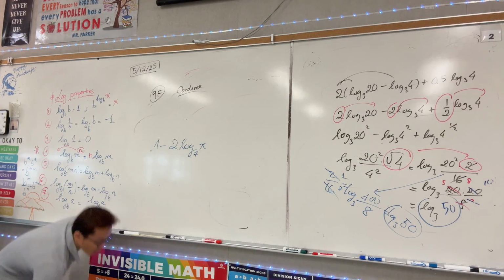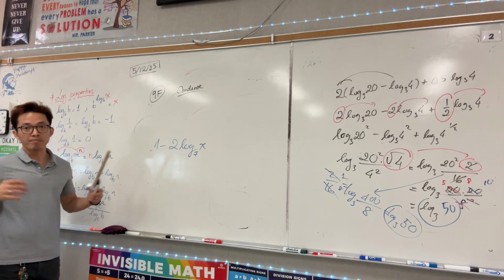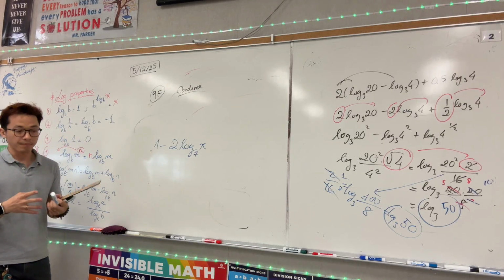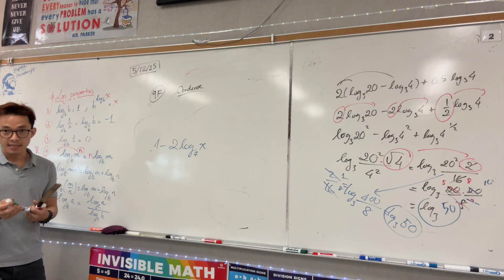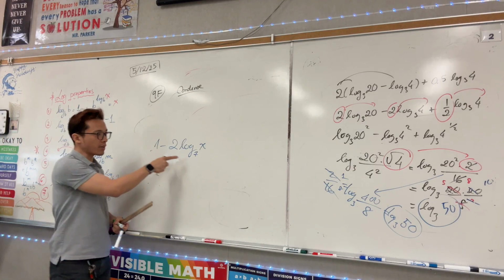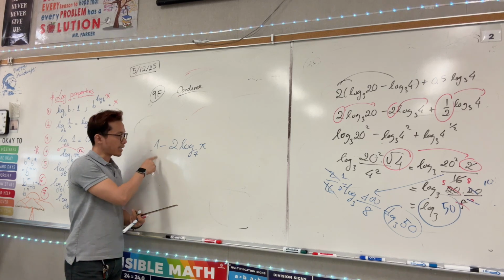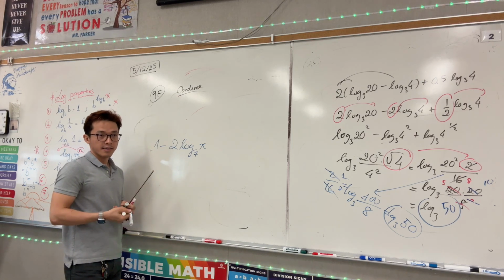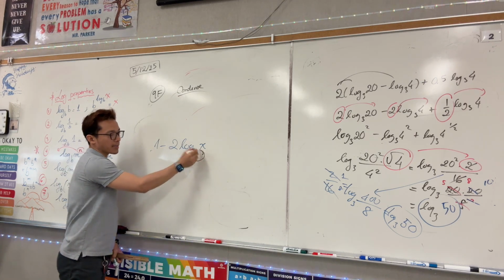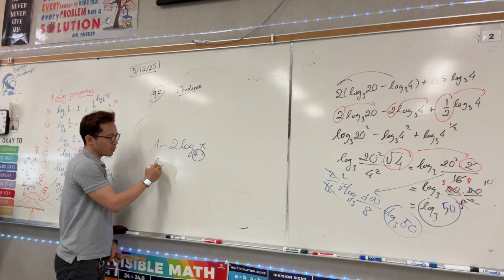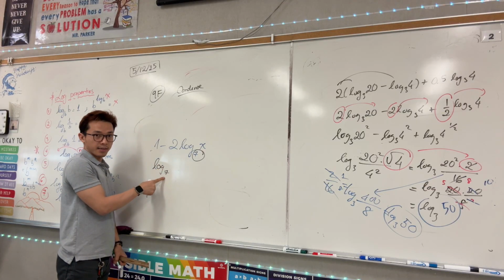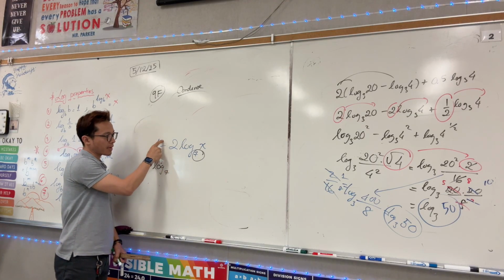In order to condense them, combine them, you need to have the same base, same log, right? This one they don't have the log yet. But can you make the log happen? Yes. What is the base? 7. So you need this one to be something related to 7. Now you ask yourself, 7 to the power 1 is this.